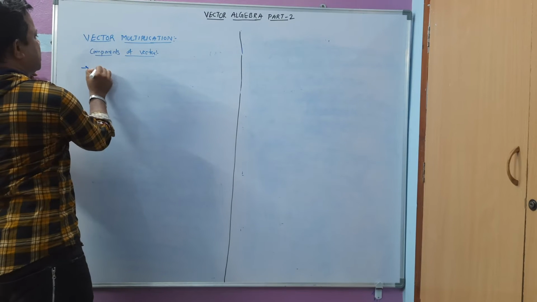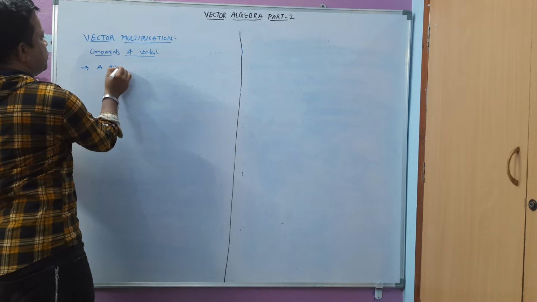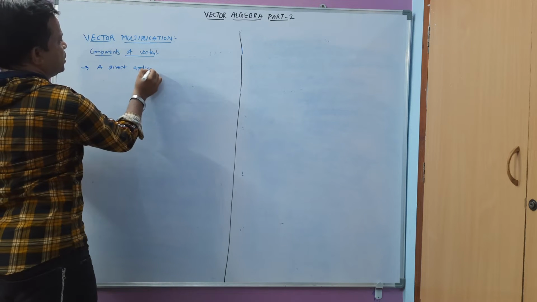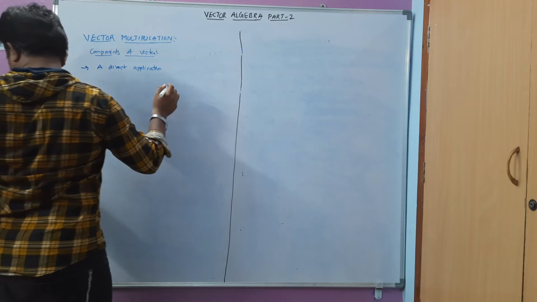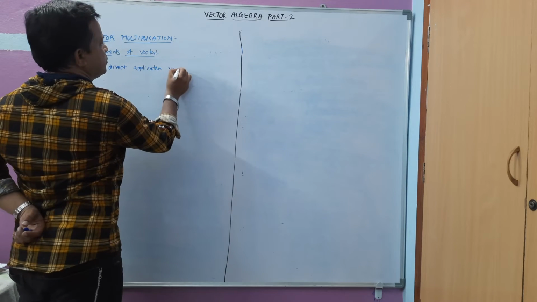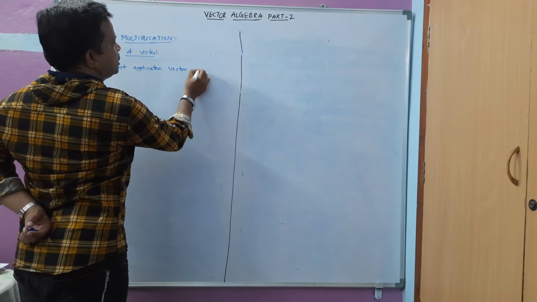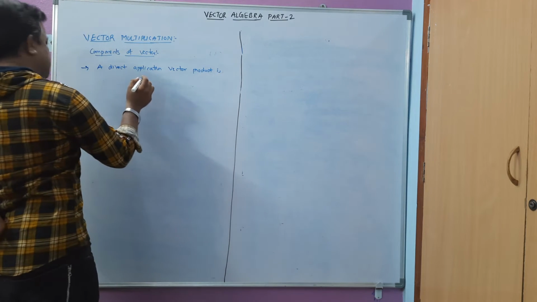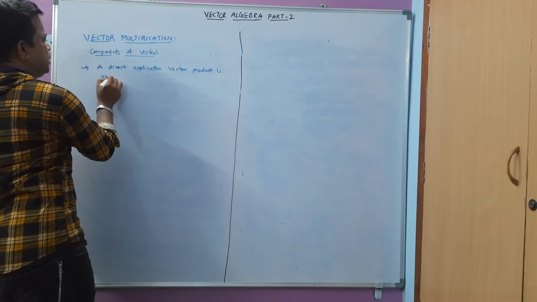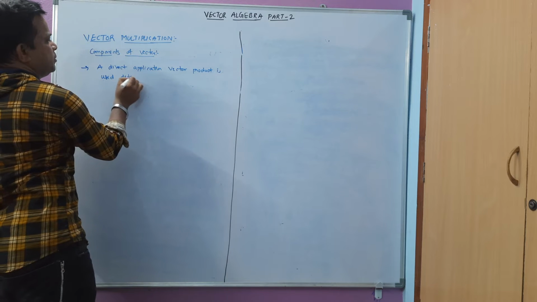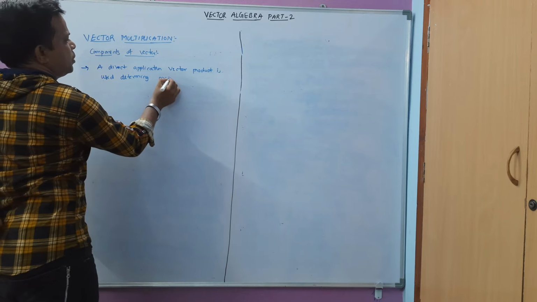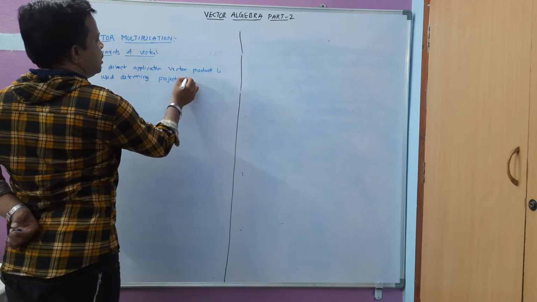So a direct application of vector product is finding, and that is used to determine the projection or component of a vector, projection or component.